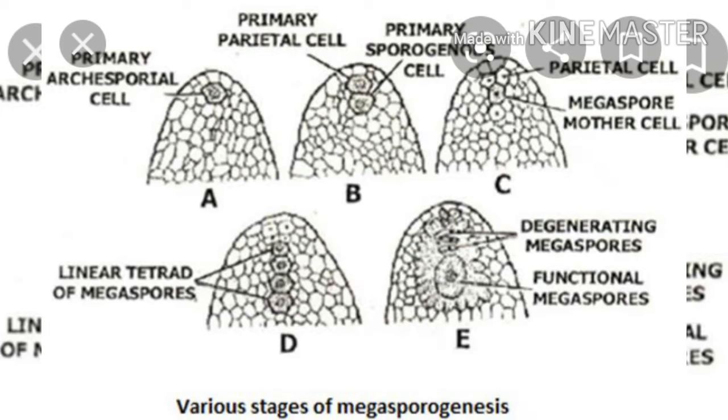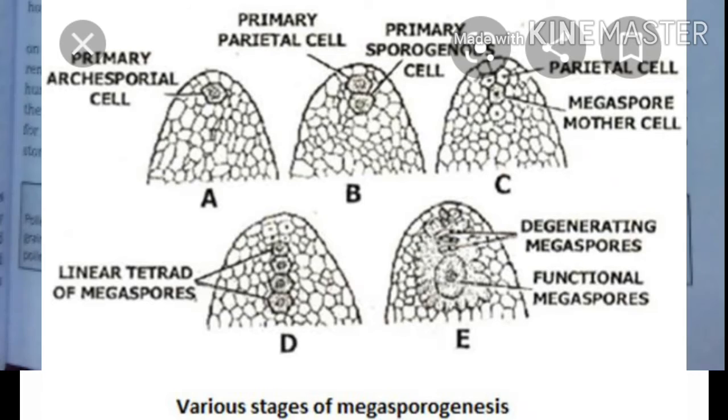The megaspore mother cell, which is diploid, divides by meiosis to form 4 haploid megaspores. The fate of these megaspores in the development of female gametophyte varies from plant to plant. However, in Polygonum, which shows the normal type of female gametophyte development, only one chalazal megaspore, fourth from micropyle, is functional and the other remaining 3 degenerate.